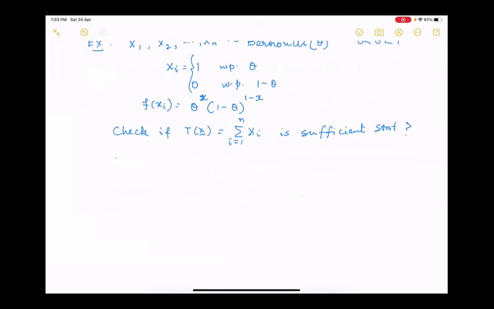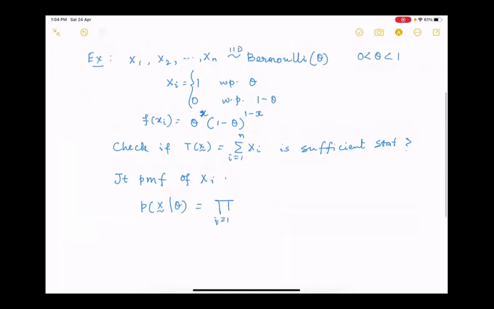So first you figure out the joint PMF of the X's. The P(x given theta) is simply a product, because I have the IID assumption, so I can write it as a product of independent terms, i equal to 1 to n, f of xi given theta.